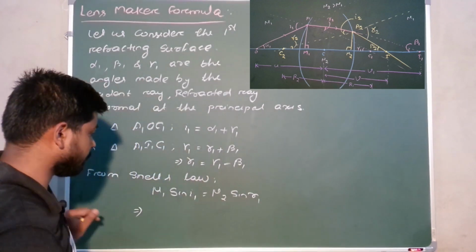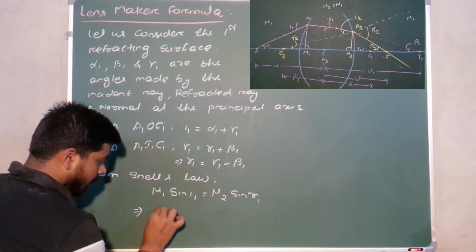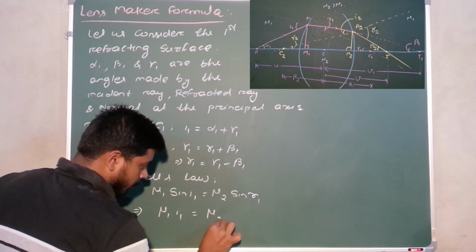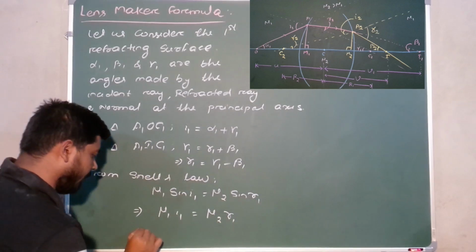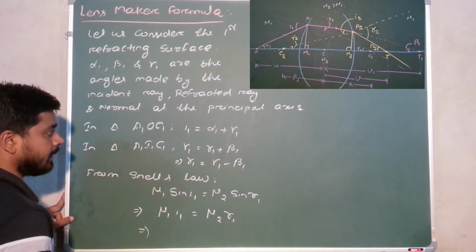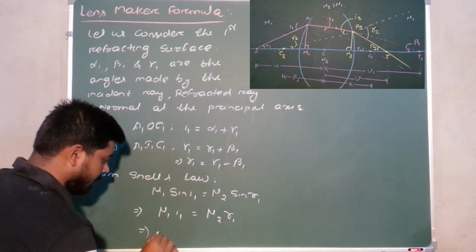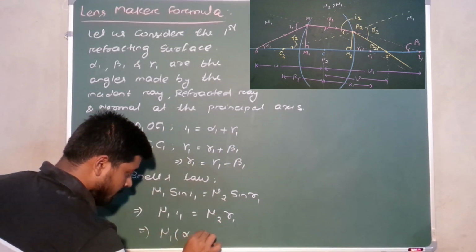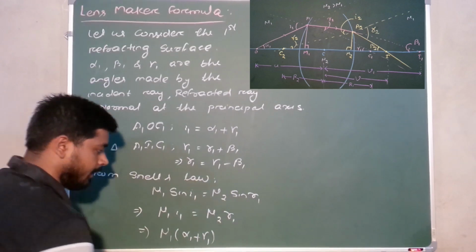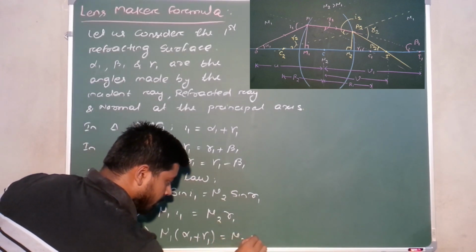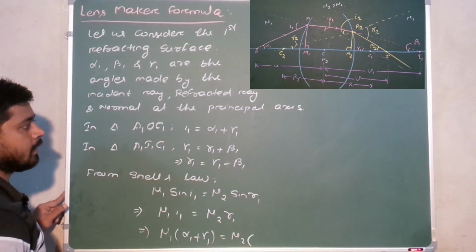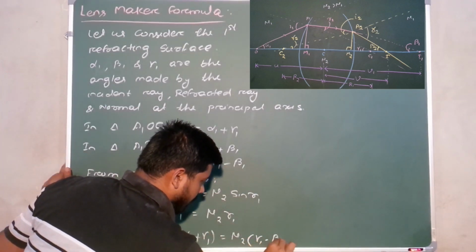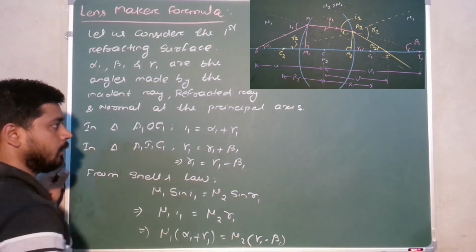Yes or no? Here you can write mu 1 I1 equal to mu 2 R1. Yes or no? In place of I1, we can write alpha 1 plus gamma 1. That is mu 1 times alpha 1 plus gamma 1 equal to mu 2. In place of R1, we have to write gamma 1 minus beta 1. Yes or no?